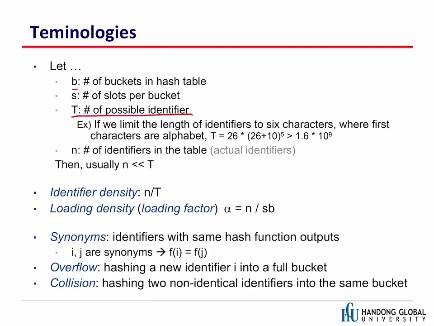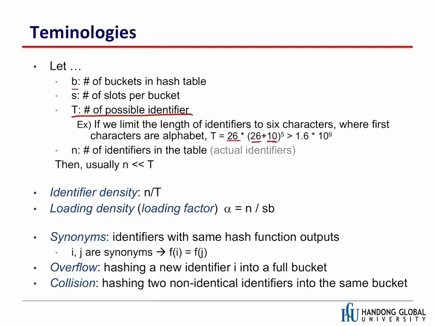What does that mean? For example, if we limit the length of identifiers to 6 characters where the first character is an alphabet character, then T is 26 times (26 plus 10) to the fifth. 26 is the number of alphabet characters, and 26 plus 10 means alphanumeric characters.